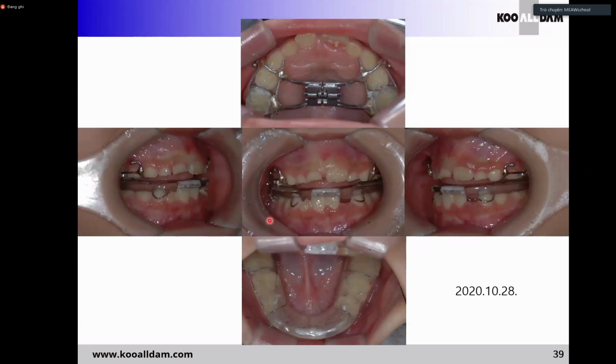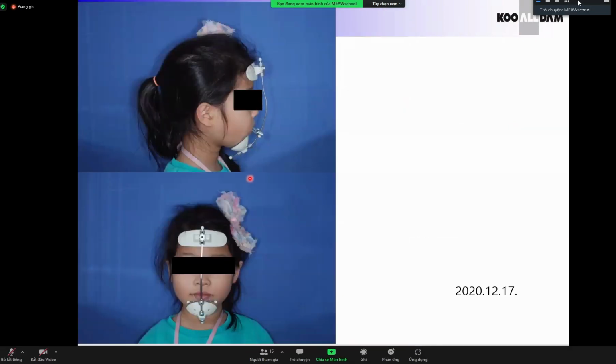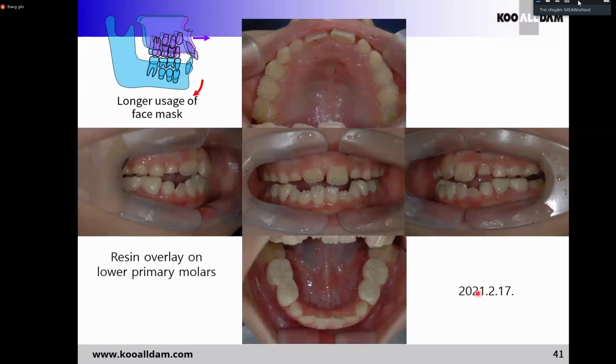So this is a posterior bite block with anterior coverage in the lower arch. And this is a expansion appliance with the hook. Next time we'll discuss this in detail. This is the face mask. In December and February, I inserted resin overlay like this. Somebody wants to use the face mask longer.